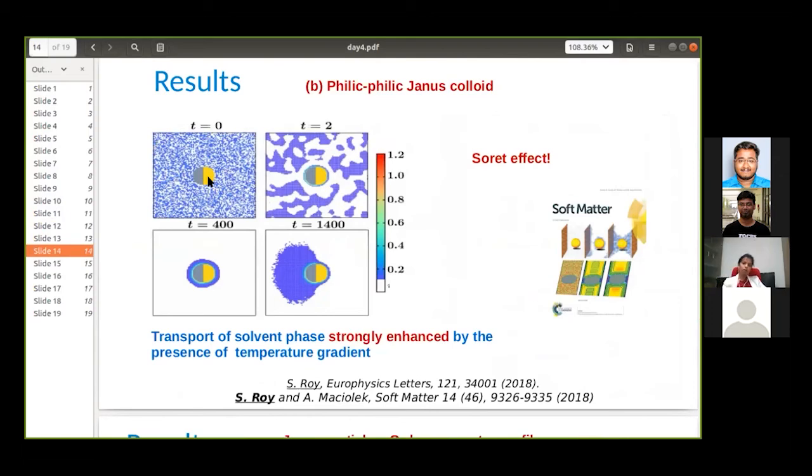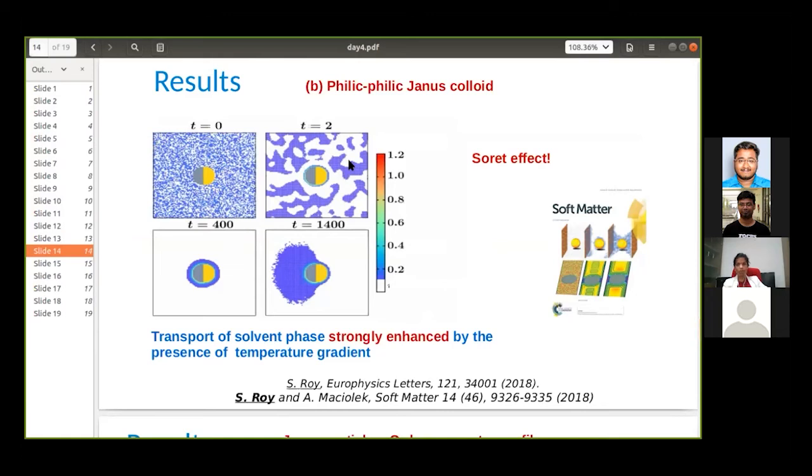Now, starting from time t equal to 0 to t equal to 400, we don't turn on the laser at all. So from t equal to 0 to 400, whatever is happening is purely because of surface adsorption, surface enrichment phenomena. There is no temperature gradient in the system. It's constant temperature. Starting from an initially homogeneously mixed state at t equal to 0, as time progresses you have a surface adsorption layer forming on top of the colloid, a thin blue layer on top of the particle.